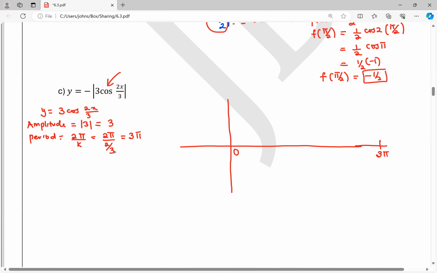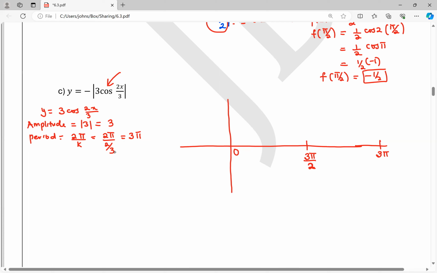So here, the middle is going to be 3 pi over what? 3 pi over 4, because this will be 3 pi divided by 2, right? Yes, because you add 3 pi plus 0 is 3 pi. You divide by 2, you have 3 pi by 2.